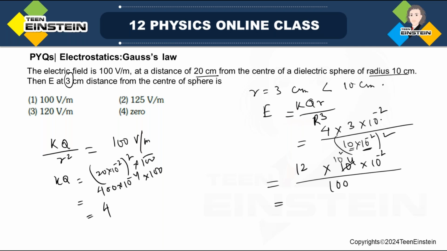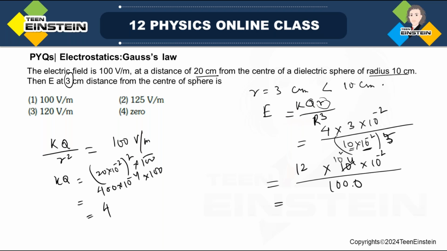Then 4th is okay, so this is also fine. Inside point, this is the distance variation, that is 3. KQ I have got 4. Oh, I see, this is actually Q. Q means one more will be here.